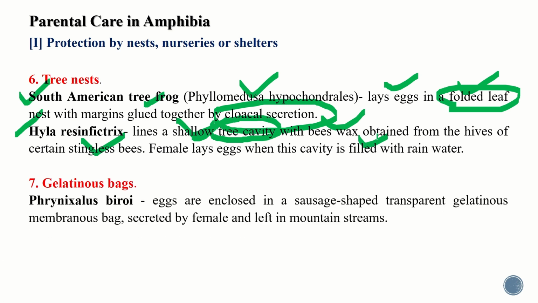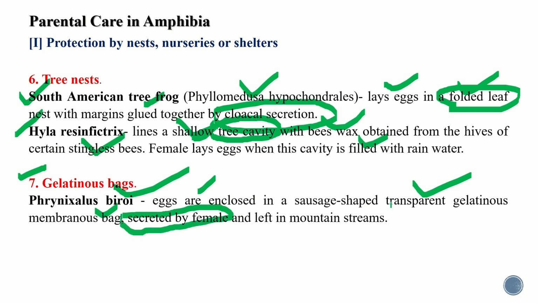Again, the seventh type of protection by nest is the formation of a gelatinous bag. In the case of Hyperolius or Phrynobatrachus, eggs are enclosed in a sausage-shaped transparent gelatinous membranous bag, which is secreted by the female and left in mountain streams, and in those gelatinous bags the eggs are laid.